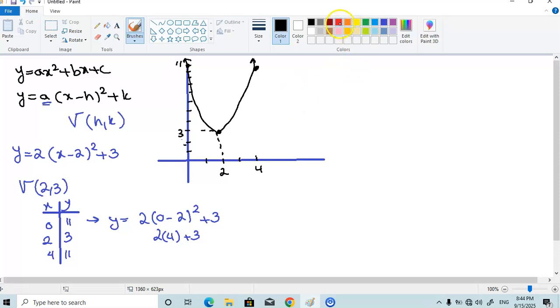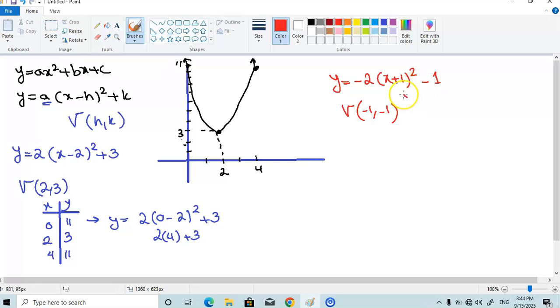And I'm going to do another one for you. Let's say y = -2(x + 1) to the power of 2 minus 1. So over here, as you see, a is negative, so the graph is going to have a maximum. Pay attention, guys. The vertex here is going to be -1 and -1.